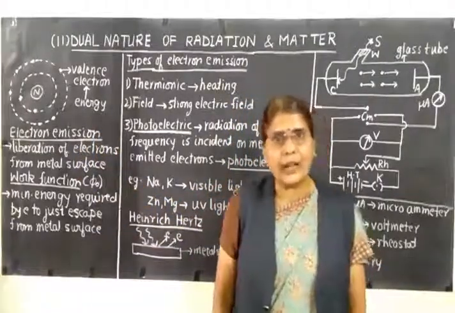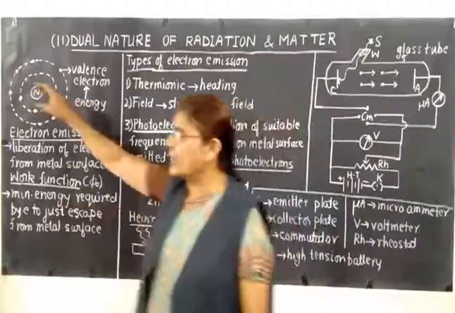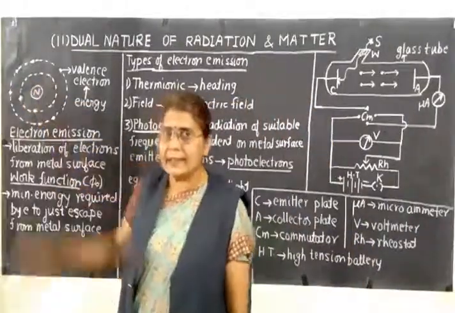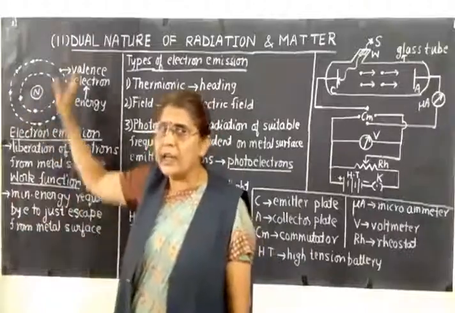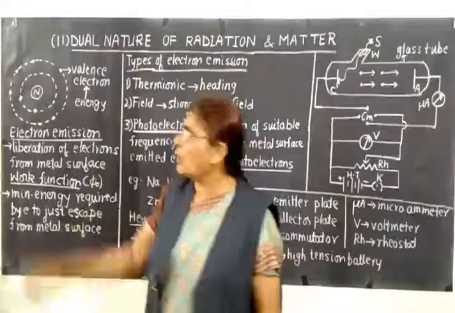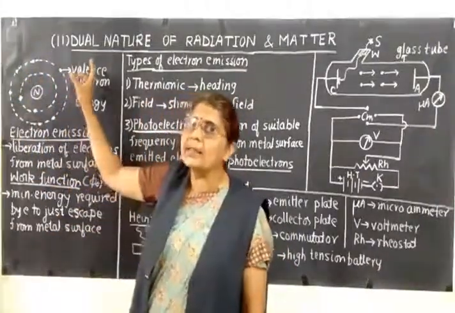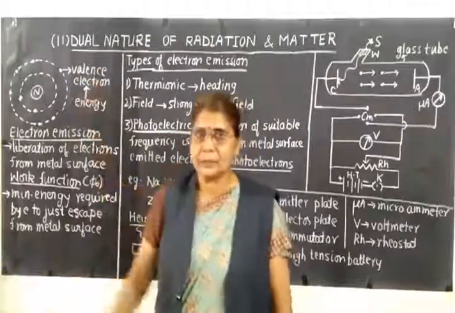All of you are familiar with the structure of an atom. Inside the atom there is a positive nucleus at the center, around which electrons revolve in different orbits. The electrons in the outermost orbit are called valence electrons.